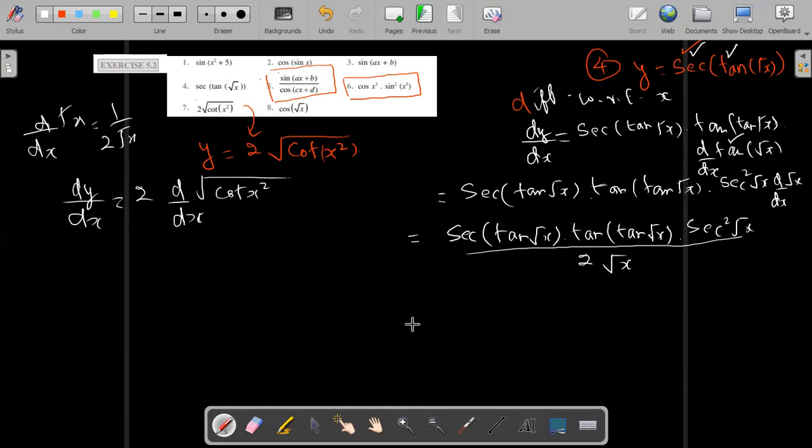Someone write in the chat box who can understand which will be the outermost function here. Write in chat box fast. Which is the outermost function? Mudassir, Saad, Tasneem, anyone, Aryan.